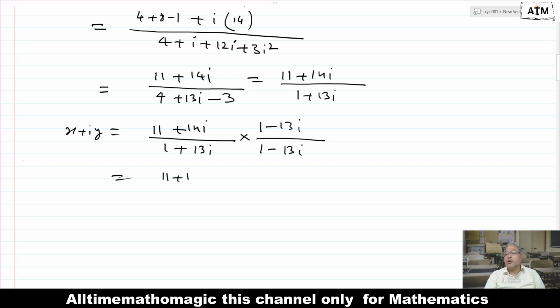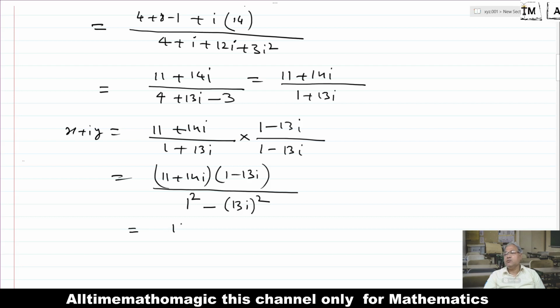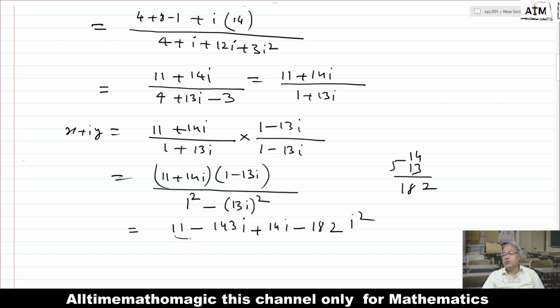So that is 11 plus 14i multiplied by 1 minus 13i, divided by 1 square minus 13i whole square, that is equals to 11 minus 143i plus 14i minus 14 times 13, 182 i square, upon 1 plus 13.